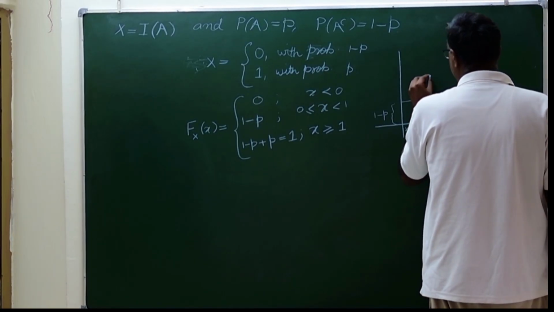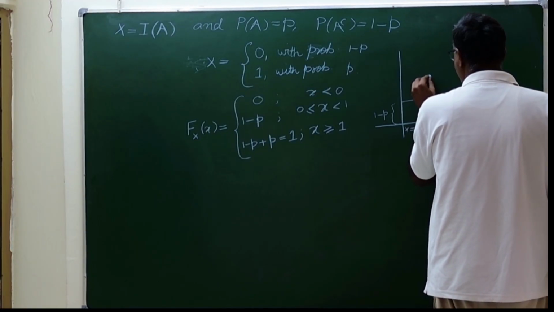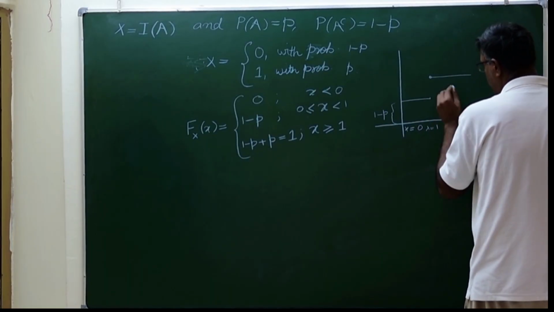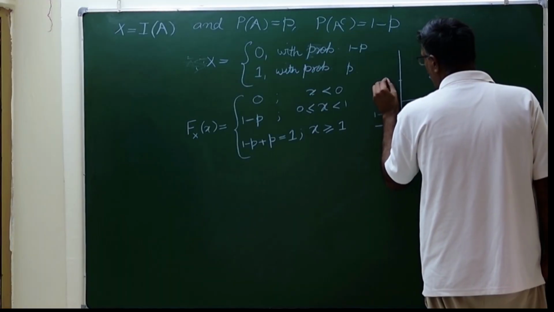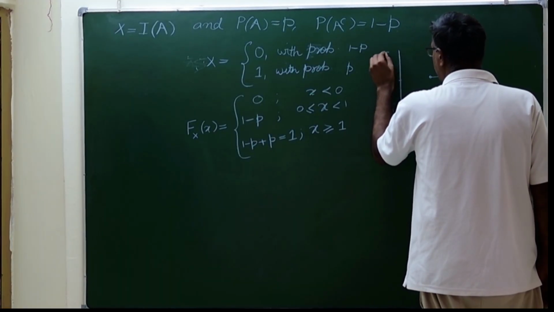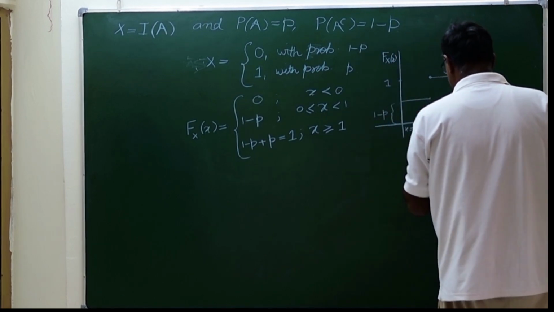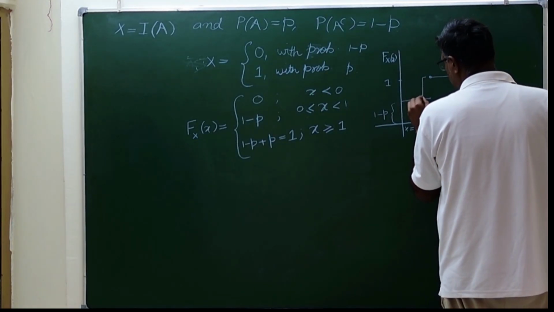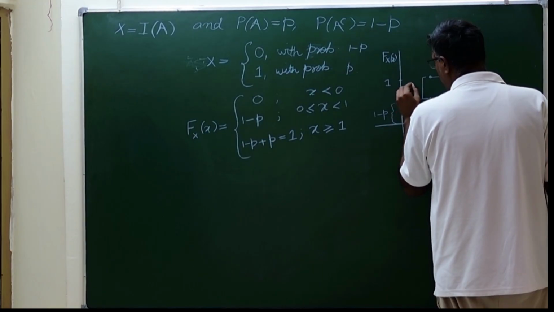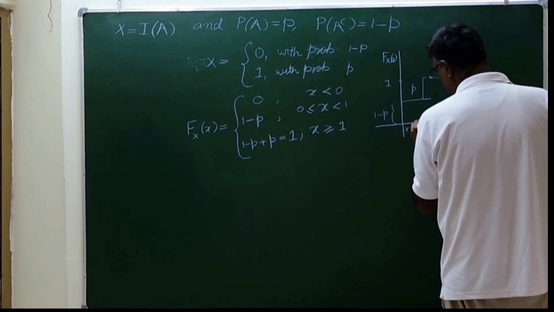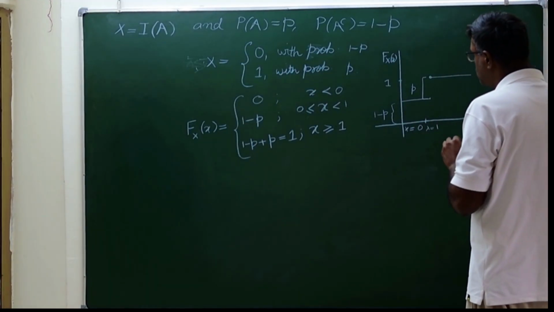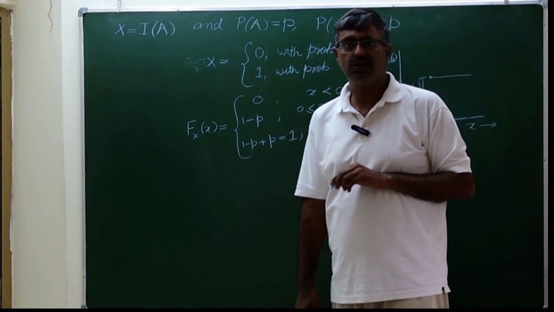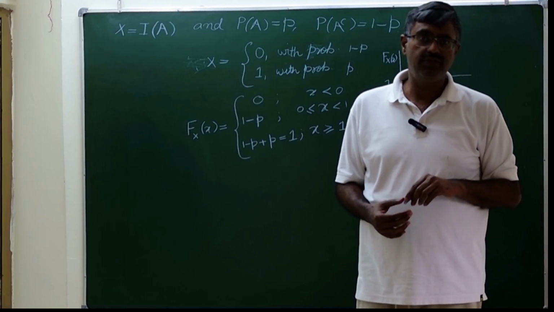At x equal to 1, the probability approaches 1, and for all x greater than 1, the probability will be 1. Here we are writing F(x) on one axis and x on the other. So this is the quantum of jump of p at x equal to 1. This is the way we write the distribution function of an indicator random variable.